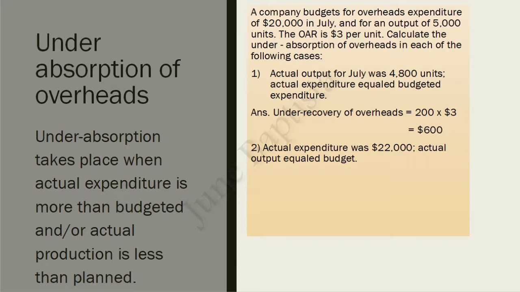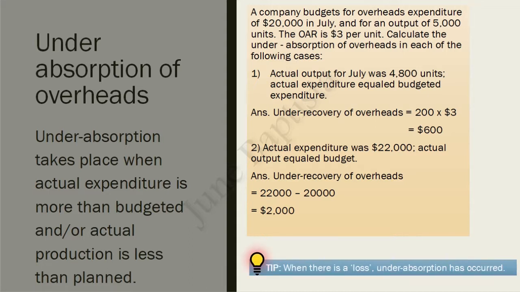Actual output equaled the budgeted output. In this case, there is an under recovery of overheads of 22,000, which is actual expenditure, minus 20,000, which was budgeted expenditure, equals to $2,000. Tip: when there appears to be a loss, inverted commas, under absorption has occurred.